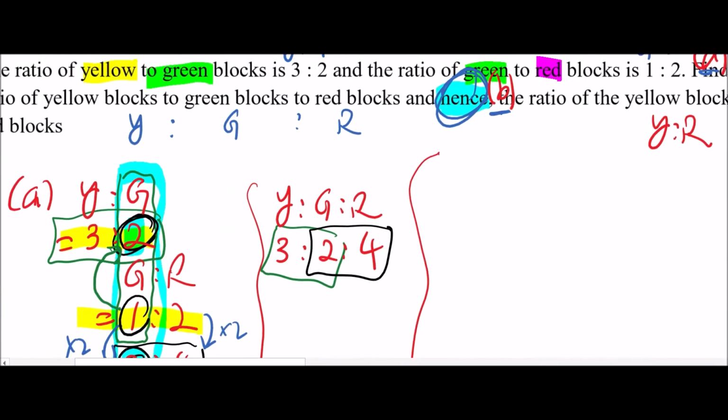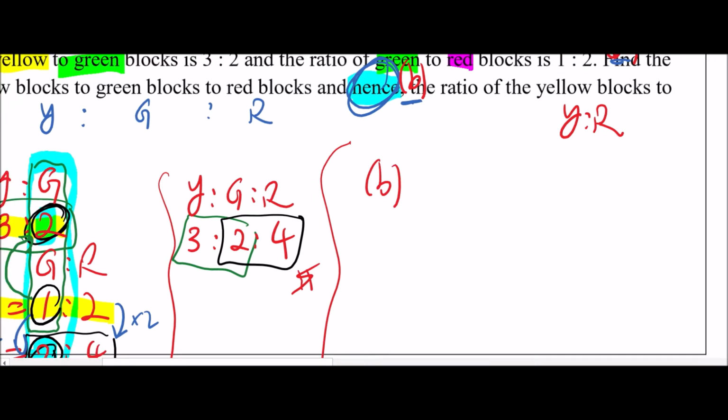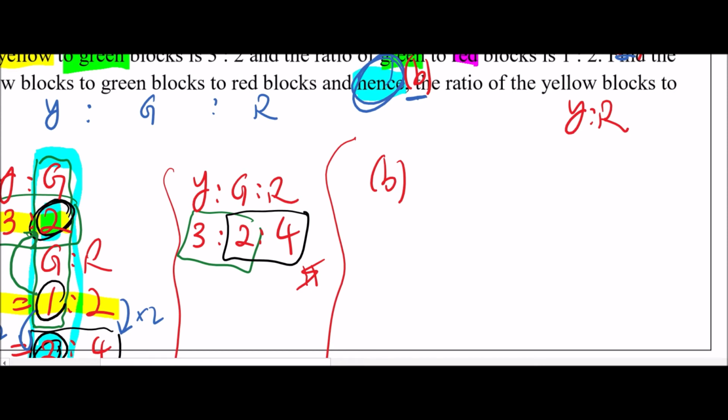let's look at part B. Hence. Hence means you must use. So this is end of part A. I'm moving on to part B. Hence means again you must use the result from part A, which is this one. You must use this result, right? So I'm just gonna quote the results from the previous part.